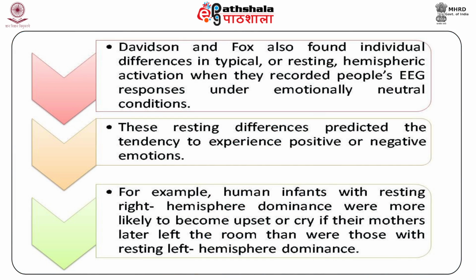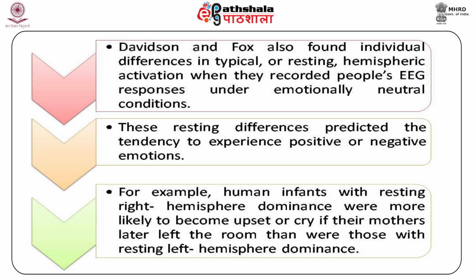Davidson and Fox also found individual differences in typical or resting hemispheric activation when they recorded people's EEG responses under emotionally neutral conditions. These resting differences predicted the tendency to experience positive or negative emotions.